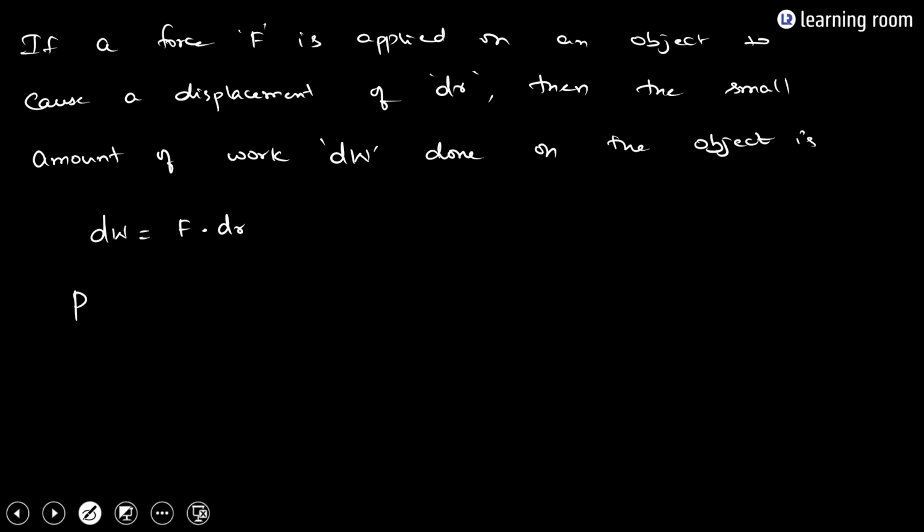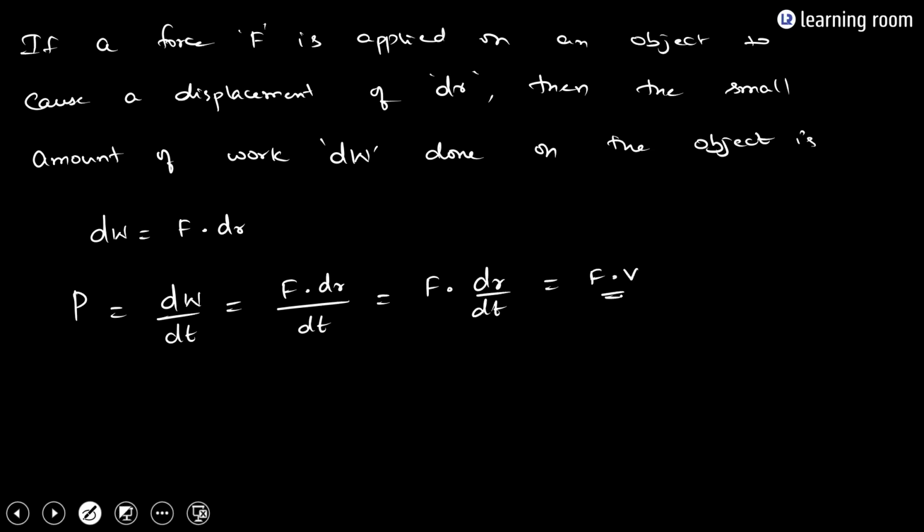Now, if I define the power as dW divided by dt, so dW is F dot dr divided by dt. So this will be equal to F dot dr divided by dt, or this will be equal to F dot v. Is it clear?